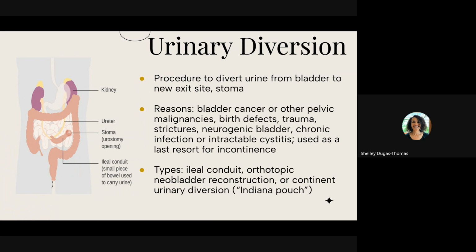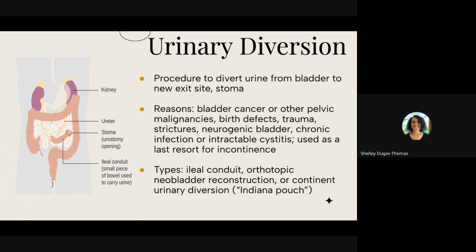So the types include the ileal conduit, which diverts urine from the upper urinary tract to a newly formed reservoir created from the terminal ileum. Orthotopic neobladder reconstruction is a reservoir made from the small intestine that allows urine to be passed through the urethra.